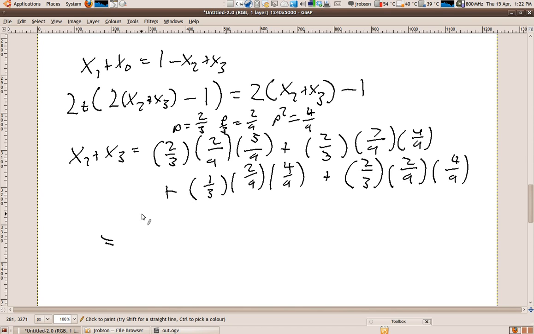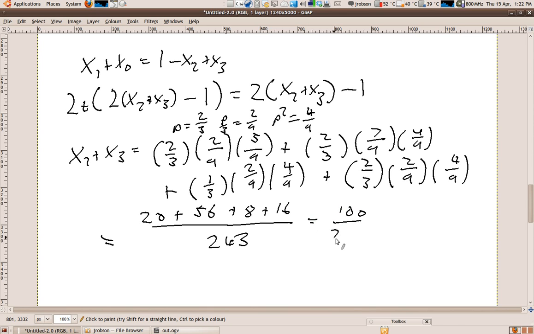So that there is 20, plus 7 times 4 times 2 is 56, plus 2 times 4 is 8, plus 2 times 2 times 4 is 16, all over 243. 20 plus 56 is 76, plus 8 is 84, plus 16 equals 100 over 243, which, happily, does not equal a half.